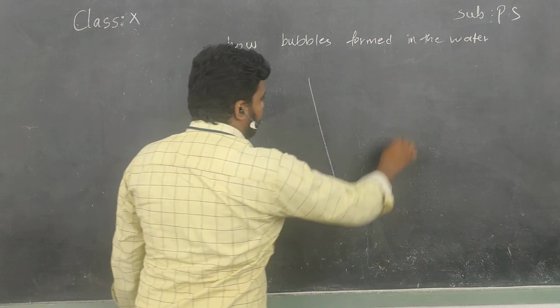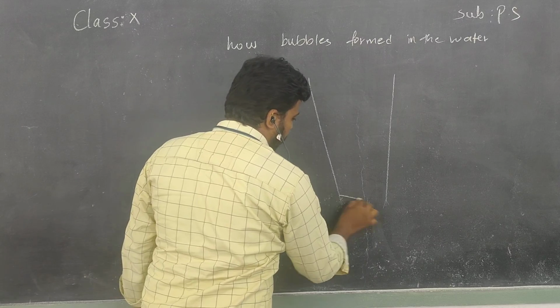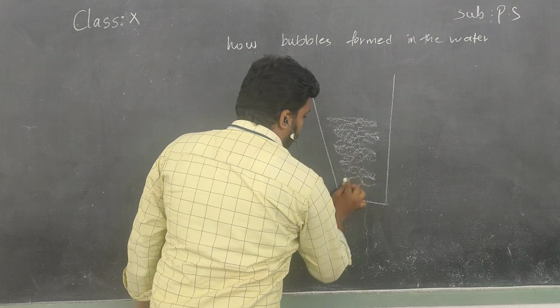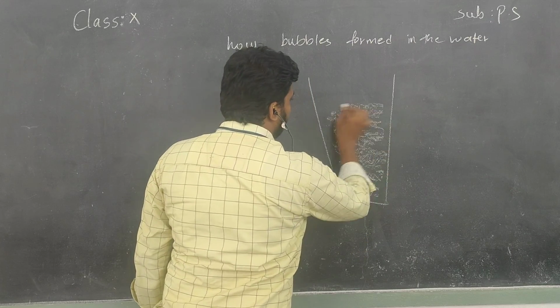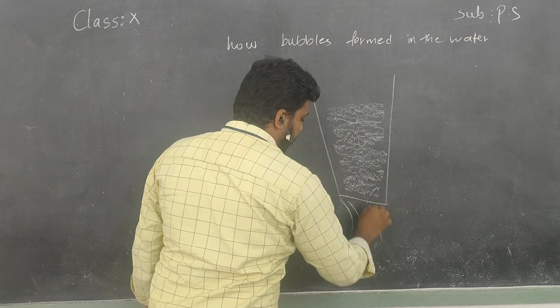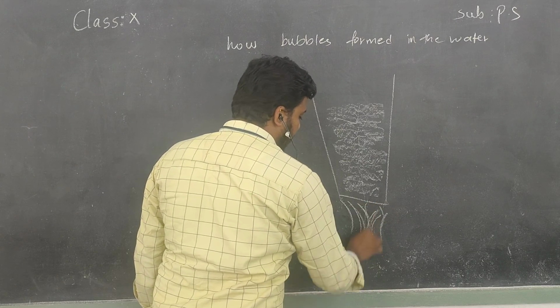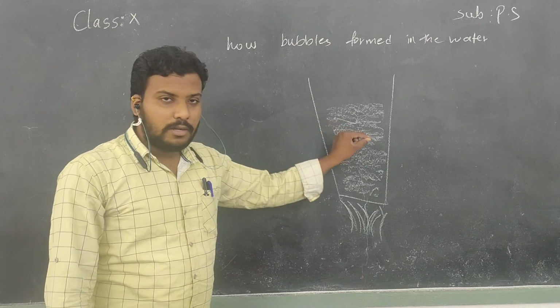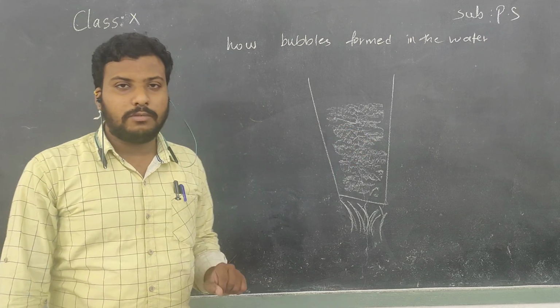So this is a glass tumbler I am taking. You can assume it as a vessel also, no problem. And this is all water, children. When you supply any heat to this tumbler, you know that in the water there is a water molecule.